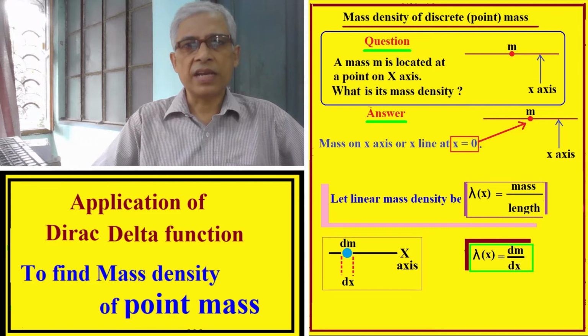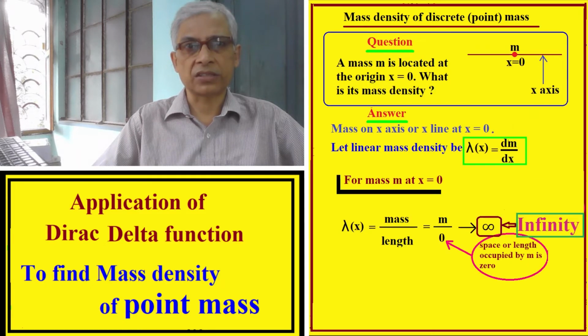So, if an elemental length dx houses or carries dm amount of mass, then the linear density of mass would be dm by dx. Since mass may vary from point to point on the x-axis, we see that lambda is a function of x, so we write lambda of x.